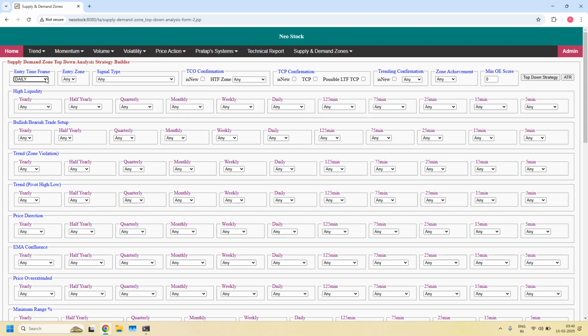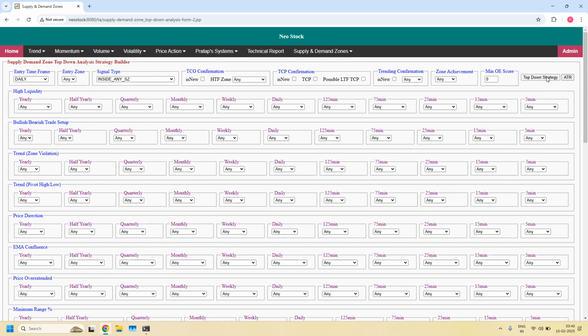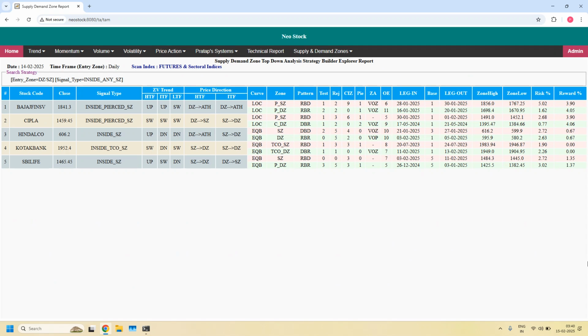Daily time frame. Price closed inside the daily supply zone. We got 5 stocks. Out of these 5, how many of these daily supply zones are having daily EMA Confluence?